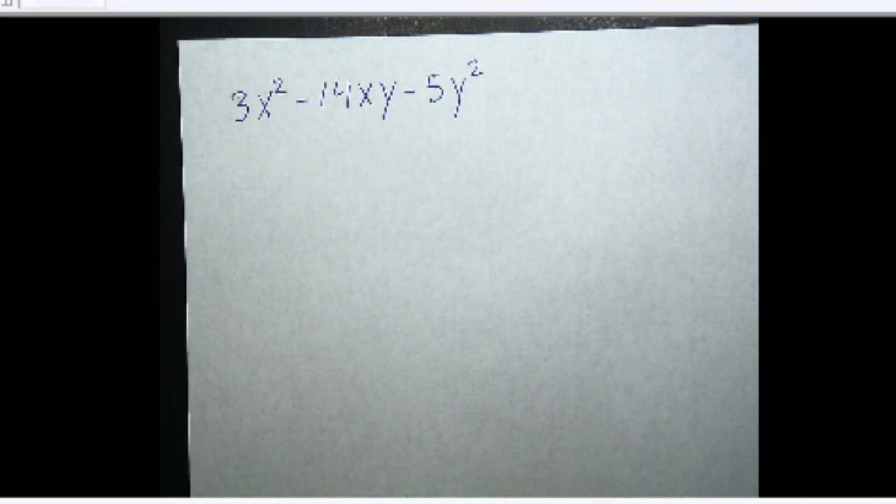So this looks kind of different because it's got not just x's, not just y's, but both x's and y's. In fact, it kind of looks like we took two of these quadratic things and stuck them together, end to end.